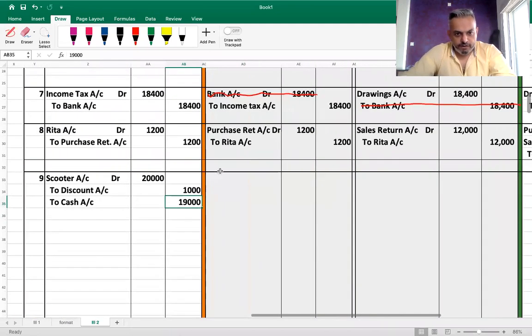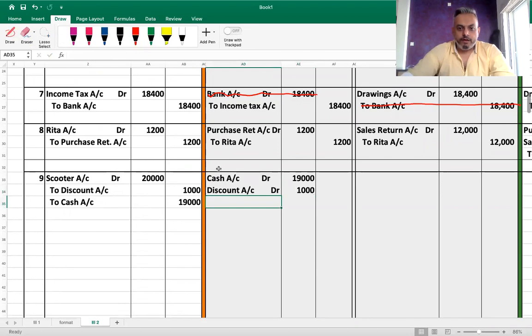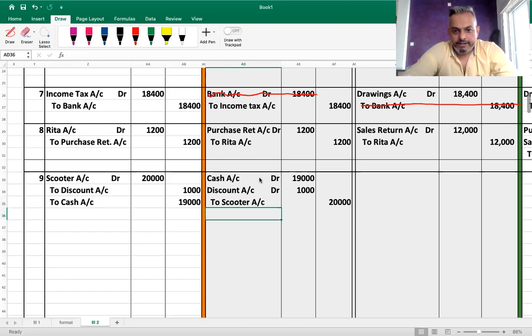Now we reverse it. So cash account debit 19,000, discount account debit 1,000, to scooter account 20,000.